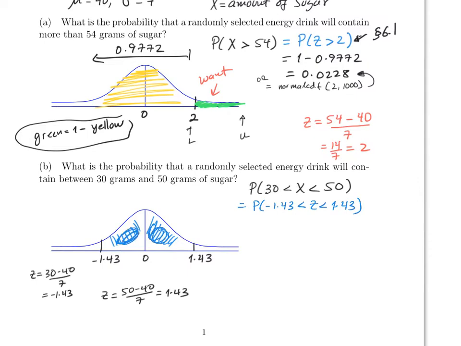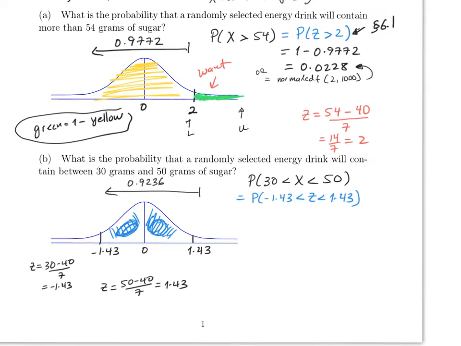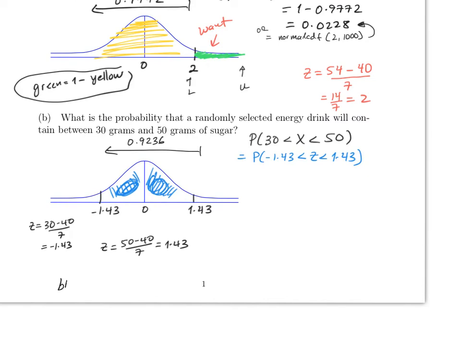If we use the table, it gives you the value from here to here, which happens to be 0.9236. Remember, how do we find the blue area? To find the blue, it was equal to the yellow area minus 0.5.